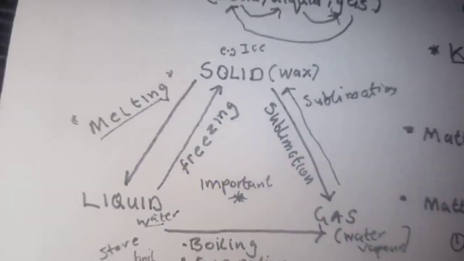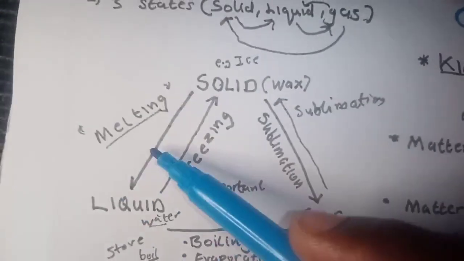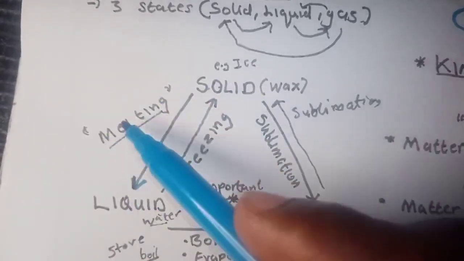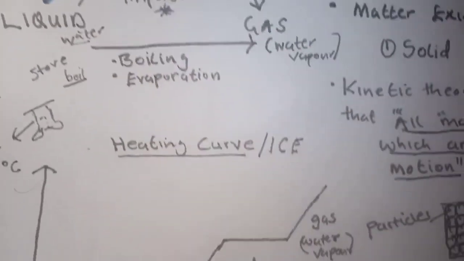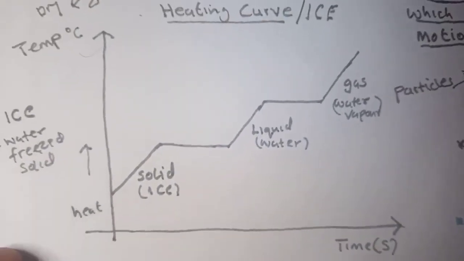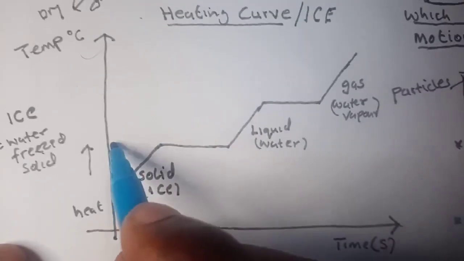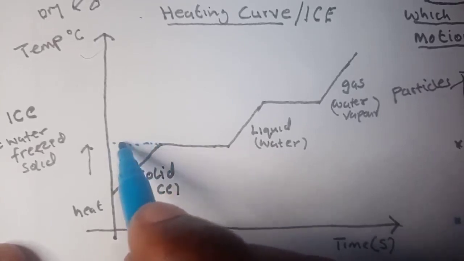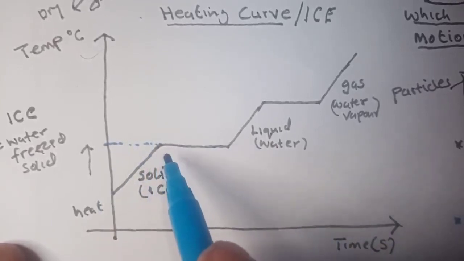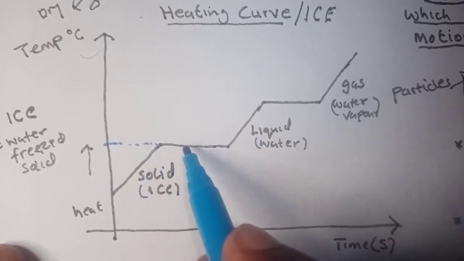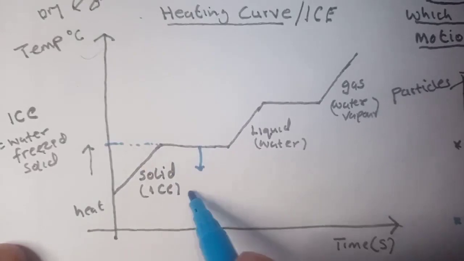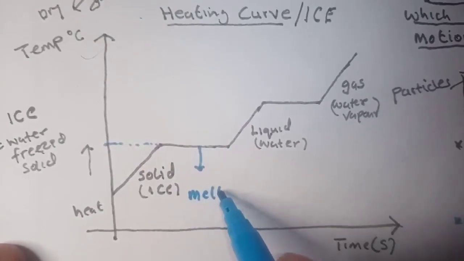From solid to liquid, it's melting. So that is what has happened here. The solid has melted. So at this point where it remains flat, it is called the melting point.